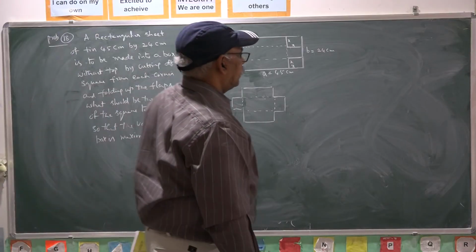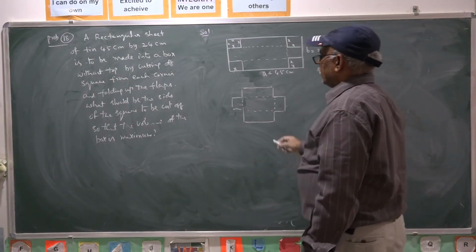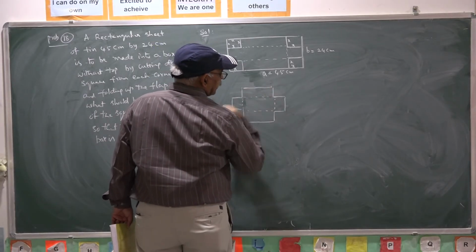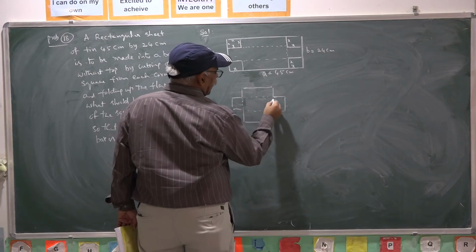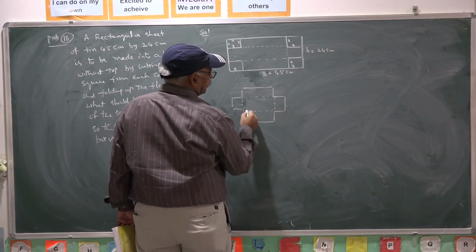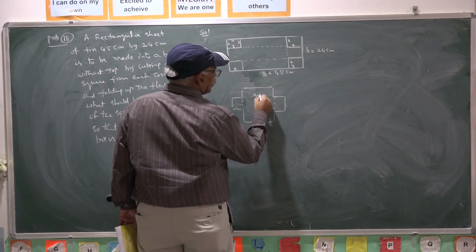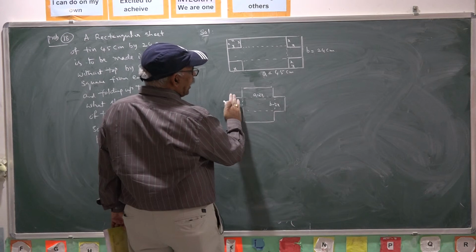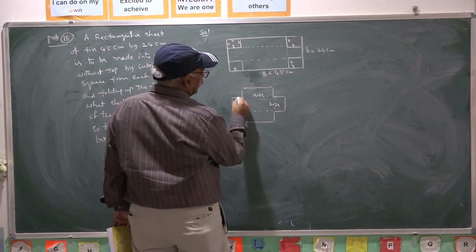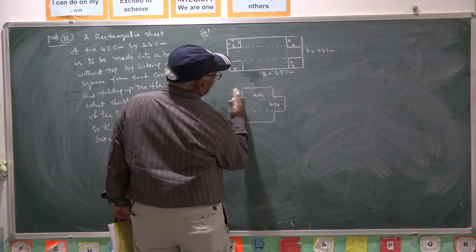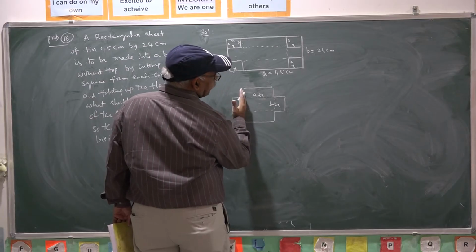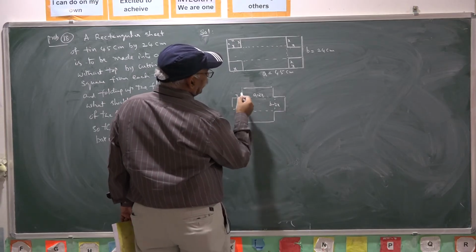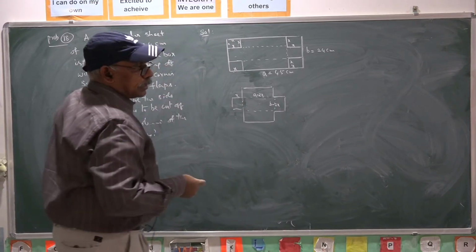So the base of the box, once you fold up these flaps, becomes a minus 2x and b minus 2x. And the height of the box is nothing but x, because once you fold up this flap, we get the height of the box as x.